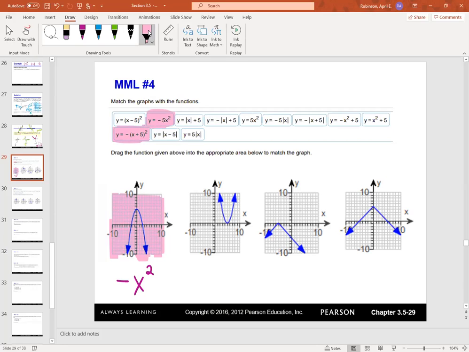This has a negative x squared. And this has a negative x squared. All right. The next one is another parabola, but it's smiling at me, so this is going to be a positive x squared. So this has a positive x squared. This has a positive x squared, and this has a positive x squared. So it could be any of those.